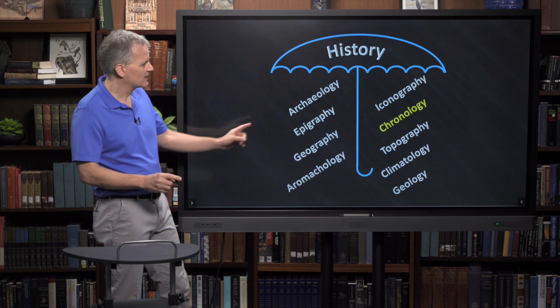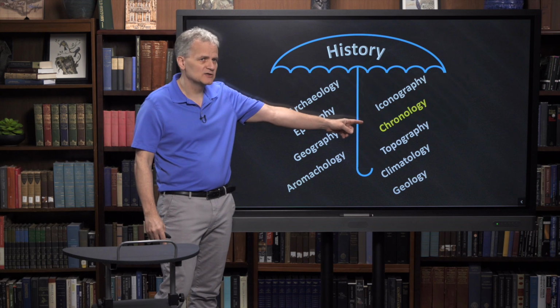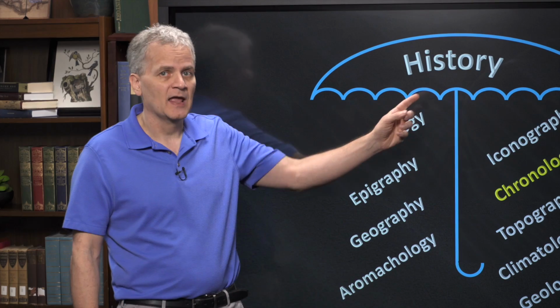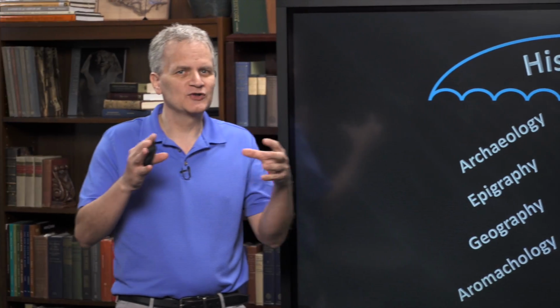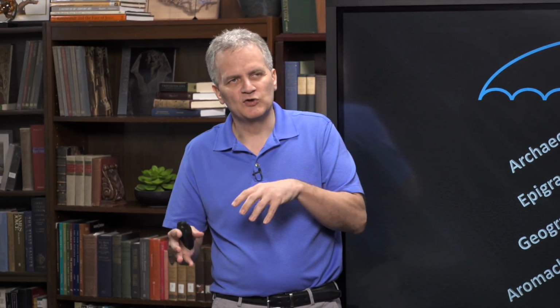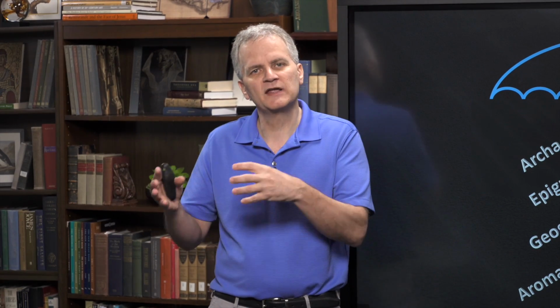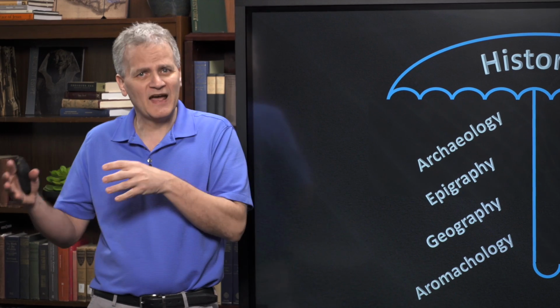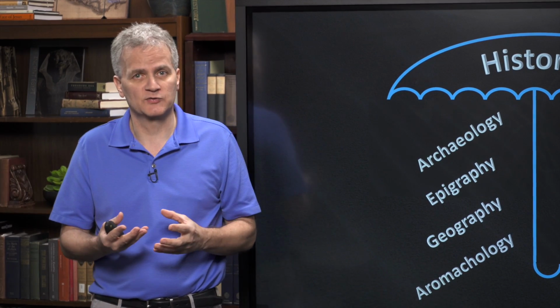So part of that is chronology. We really need to be able to understand the relationship of chronology to history. And if we're going to use archaeology to connect it to biblical history, which is part of the umbrella up here, we have to approach it with the right chronological understanding.